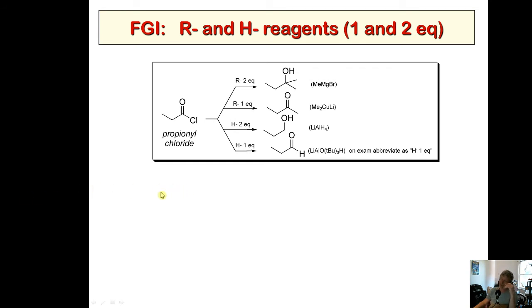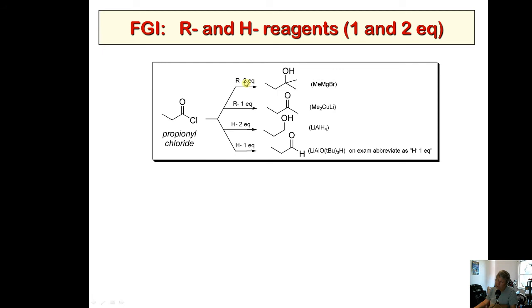Okay, so this is acid chloride, and what we're showing here is this kind of cool idea that you can either add two carbon things or one carbon thing, or two H's or one H, depending on which reagent you use, very nicely with an acid chloride. So if you want to add two R groups, you use a Grignard and just do it twice.